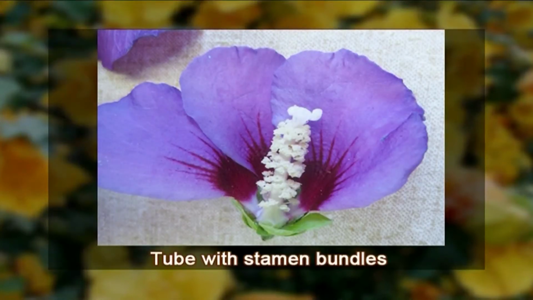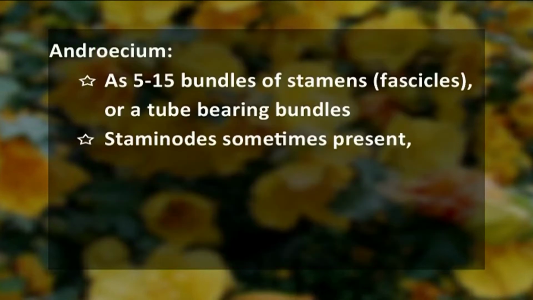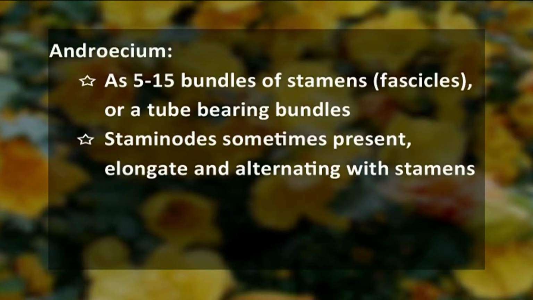Or these filaments can form 5 to 15 bundles of stamens, and they assume the shape of a fascicle, or sometimes they can form a tube which in turn bears bundles. The staminodes are sometimes present in the flower, and they are elongate and alternate with the stamens or groups of stamens.